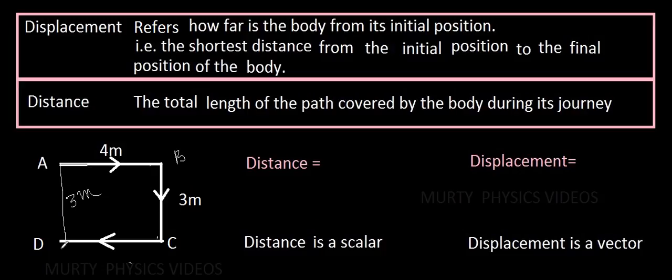This displacement also has some direction, that is, from the initial position towards the final position. So displacement has both magnitude and direction, therefore displacement is a vector quantity.